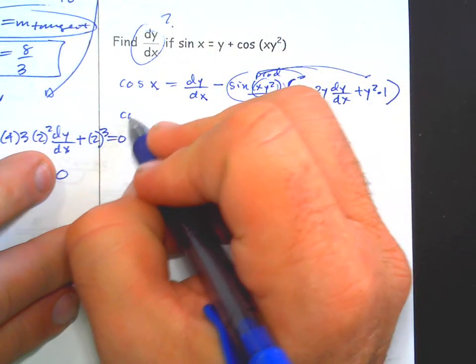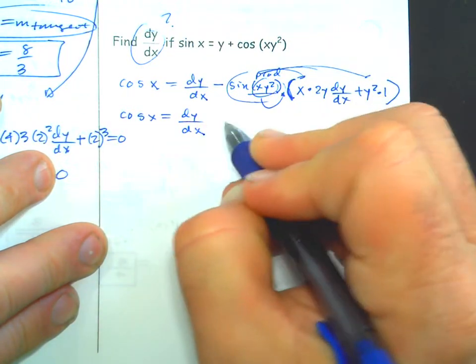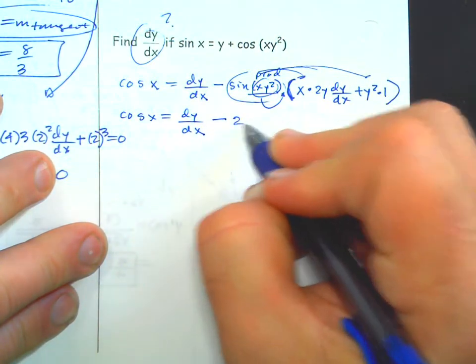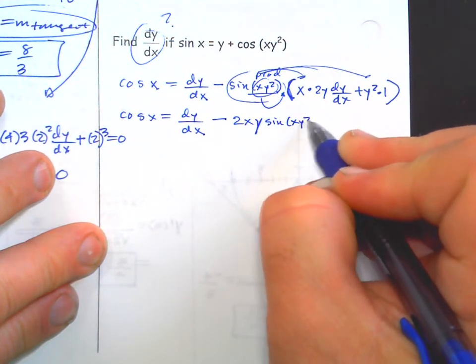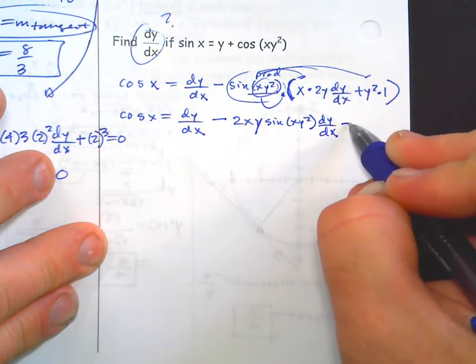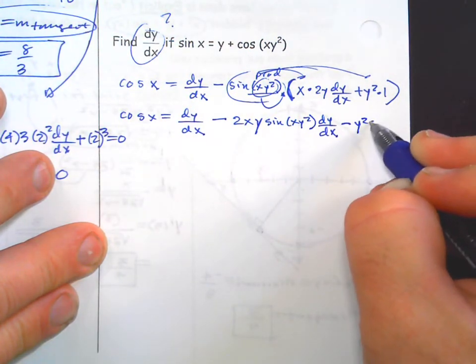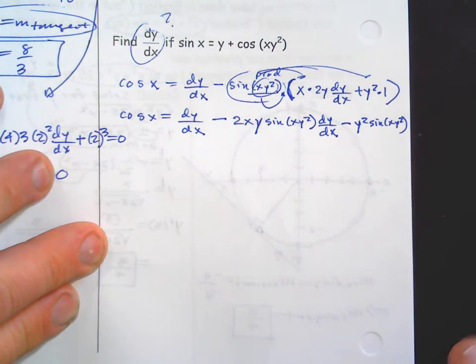So I think it would be helpful to go ahead and get rid of those parentheses first. So we're going to say, all right, minus 2xy sine xy squared dy dx minus y squared sine xy squared. So I'm trying to write these in kind of the more nice format that I usually expect.